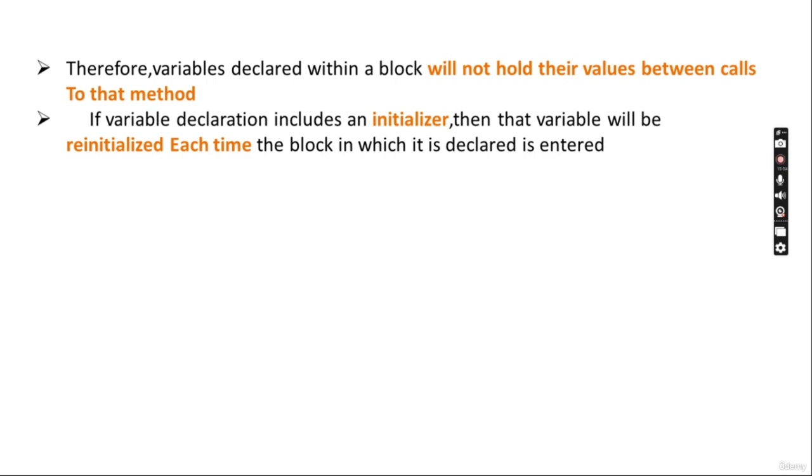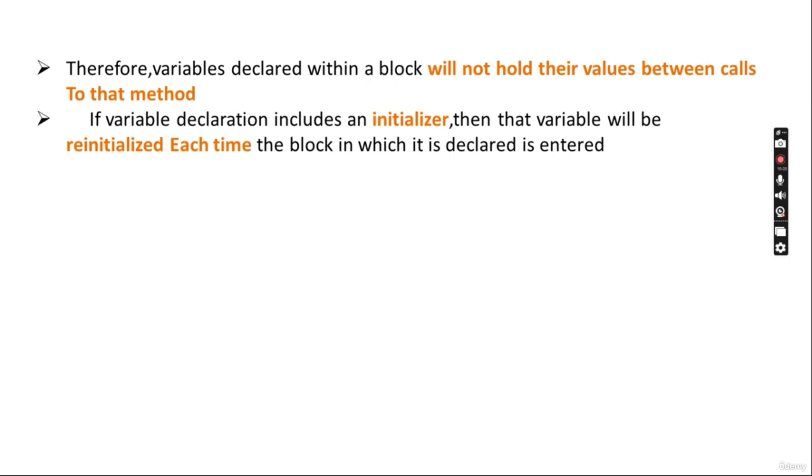So variables declared within a block will not hold their values between calls to that method. So again and again, if you are calling the same method, each time new values will be given to that particular variable inside the method. Okay, so each time new values will be initialized and destroyed. If a variable declaration includes an initializer, meaning what?